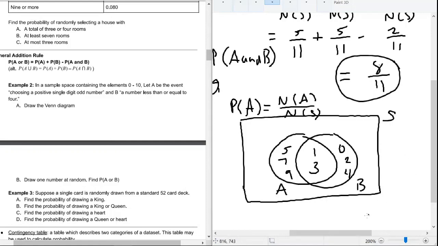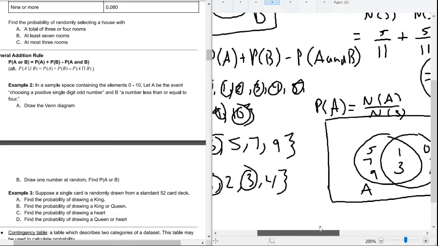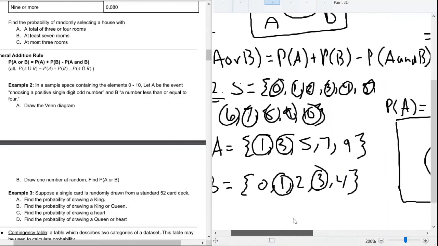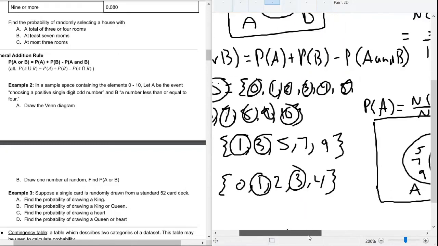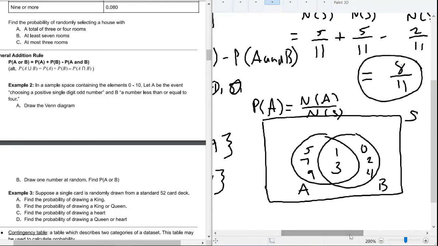So we need to go back and check and see what we were missing from the sample space. Notice the sample space here is the numbers 0 through 10. So when I go here, I need to make sure that every single outcome is within the box, the Venn diagram, the sample space.